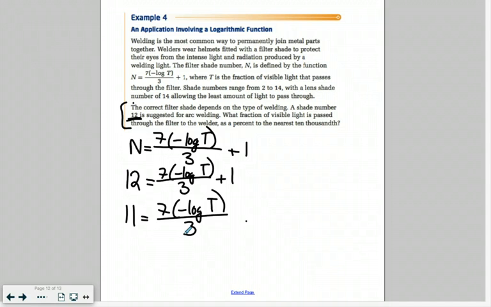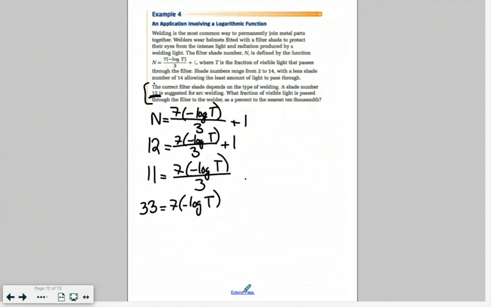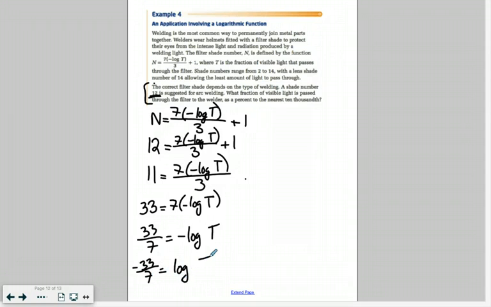Next step, multiply both sides by 3, so now we have 33 is equal to 7 times negative log of t. Next, divide by 7. Now I have 33 over 7 is equal to negative log of t. You could then divide by negative 1 and have negative 33 over 7 is equal to just log t. But now how do I get the t by itself?